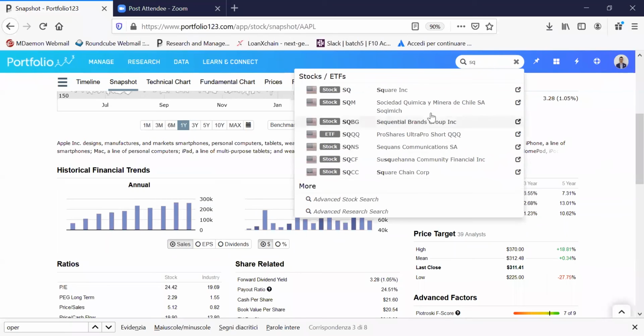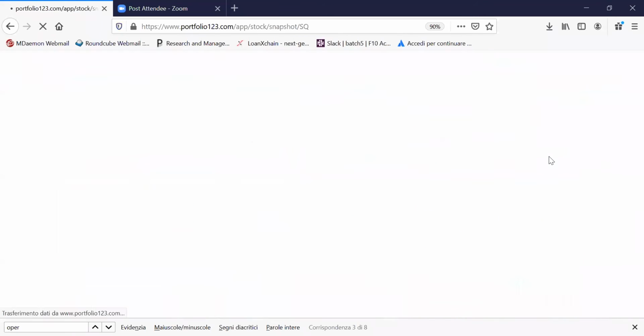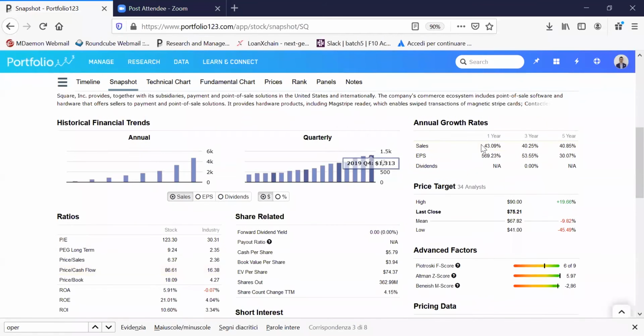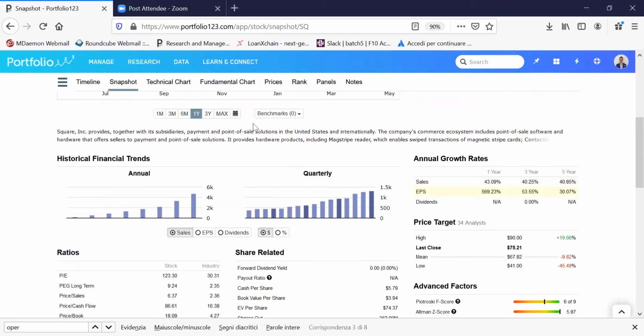So turning back to Square, of course, price to sales does reflect a very different annual growth rate.